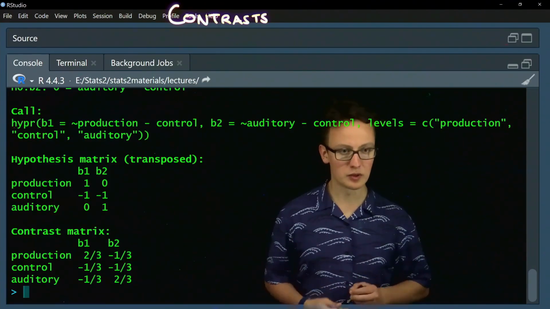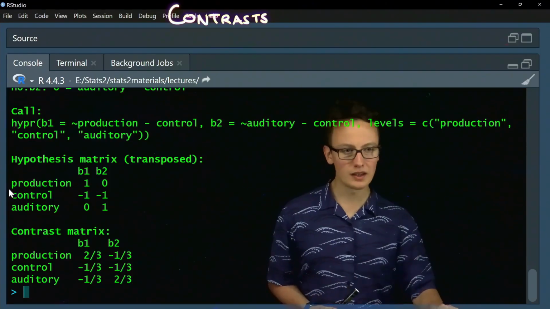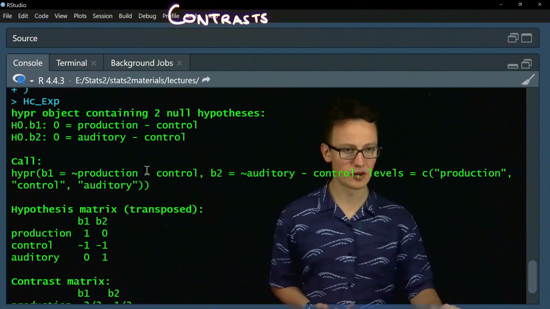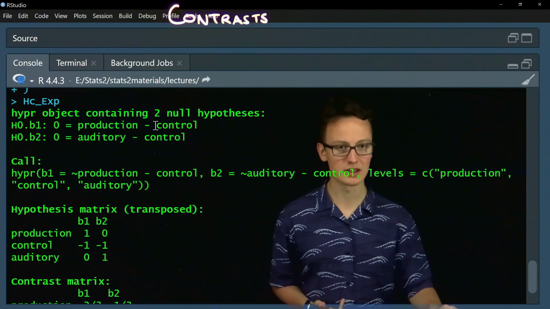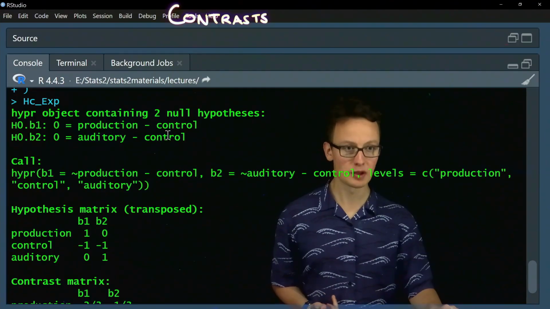One thing you might wonder about, maybe, is that, like, hang on, didn't we just actually encode treatment contrasts? I mean, just by the logic of the hypotheses, we compared two groups against the control condition, okay? That is very much what treatment contrast would do as well.